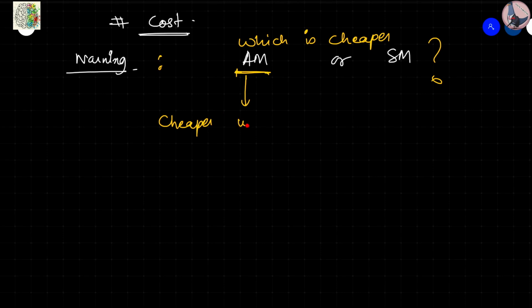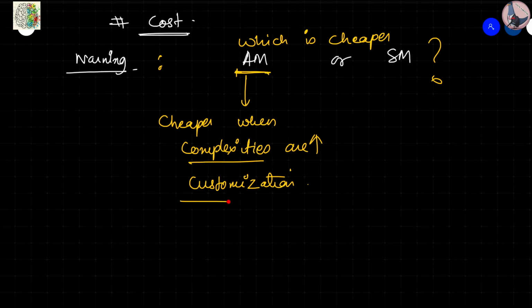Cheaper when complexity is higher, and second, when there is some customization. Cheaper only when these two points are there. Otherwise, subtractive manufacturing is always cheaper.